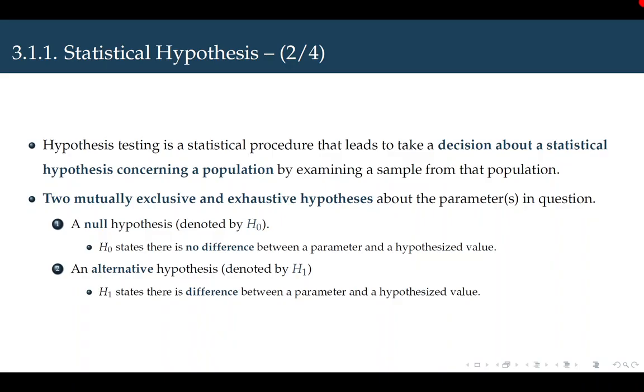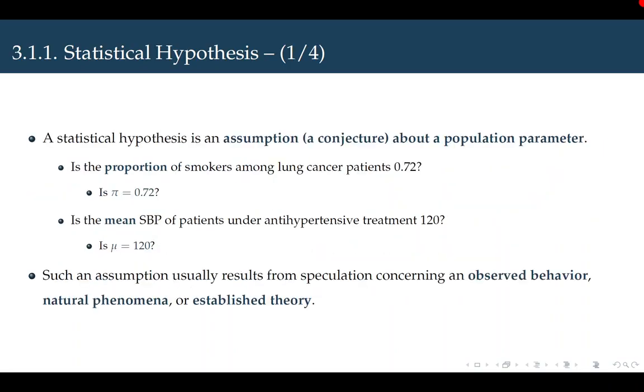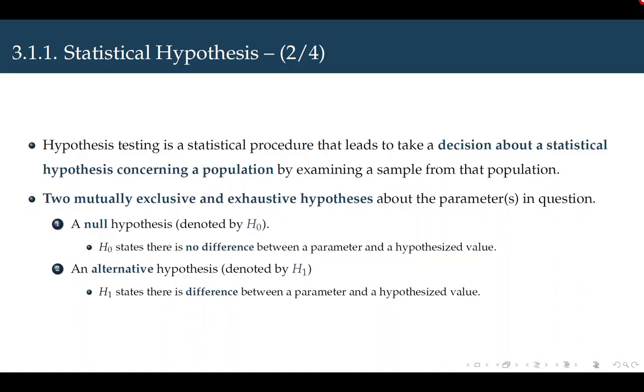So hypothesis testing is a statistical procedure that leads to a decision about a statistical hypothesis concerning a population by examining a sample from that population. So if we have these assumptions, like whether the population proportion is 72% and the mean systolic blood pressure is 120, we are interested in making a decision about this hypothesis concerning the population by examining a certain sample from that respective population.